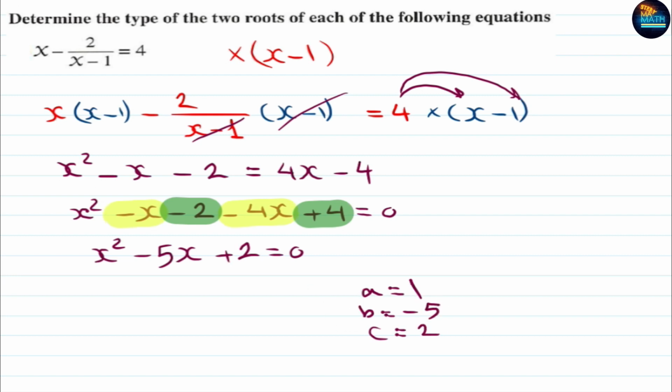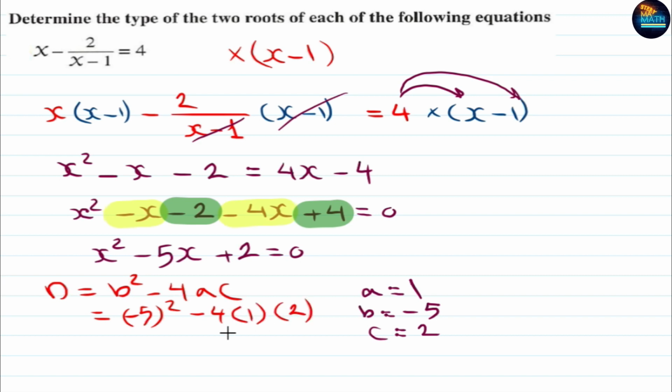All right, now let's substitute all of these values in the discriminant. The discriminant is equal to b squared minus 4ac, so negative 5 squared minus 4 times a, which is 1, times c, which is 2.